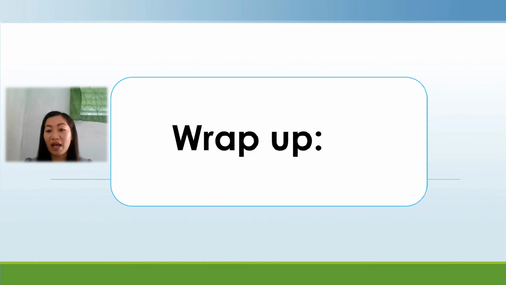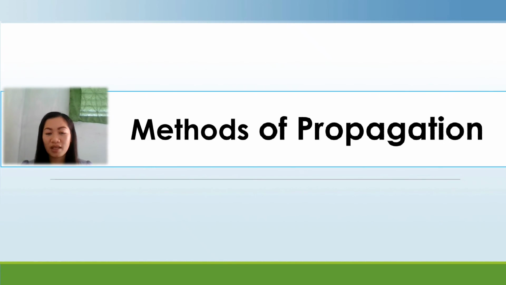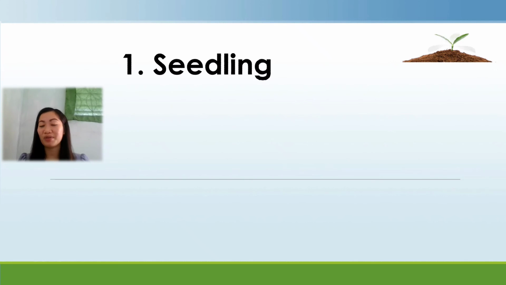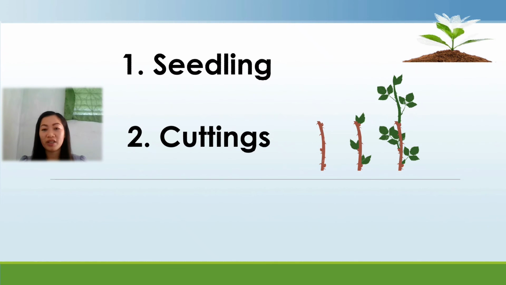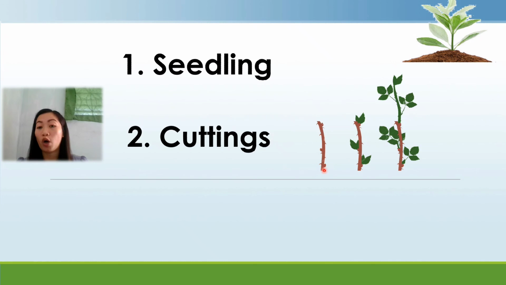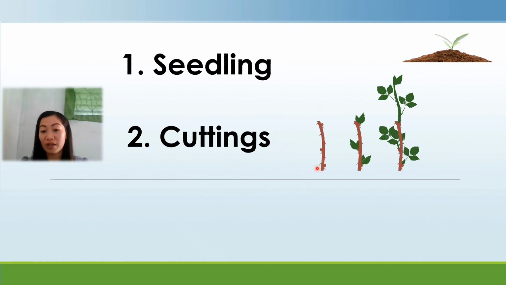So to wrap up everything, again we have the different methods of propagating. Remember them. The first one is seedling: we use seeds to plant a new plant. We have cuttings: we cut a leaf or a stem from one matured plant and grow it directly in the ground.